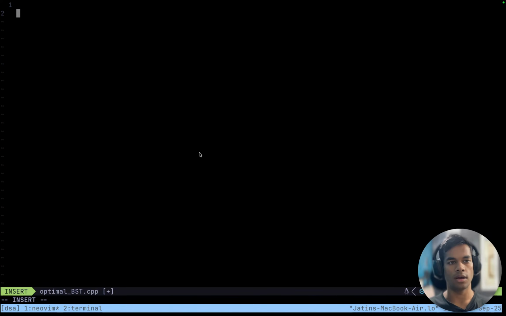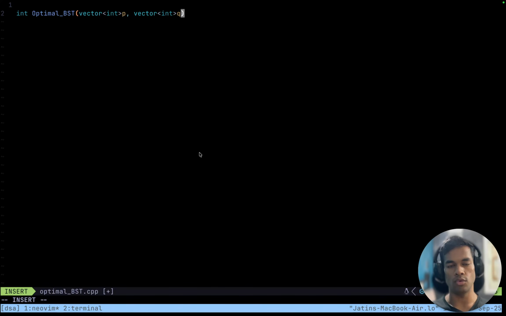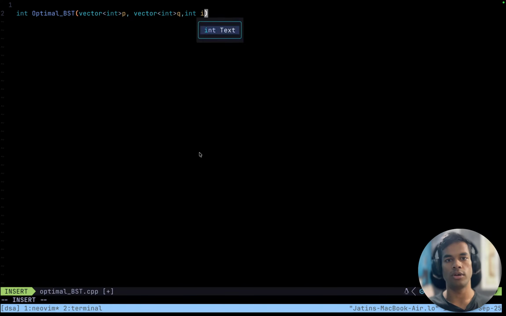Internally, our function is going to return an integer, and let's call it optimal bst, and it takes a vector of integers called p as in probabilities, and a vector of integers q, probabilities for the leaf nodes, or you could say dummy nodes, and then two integers i and j.